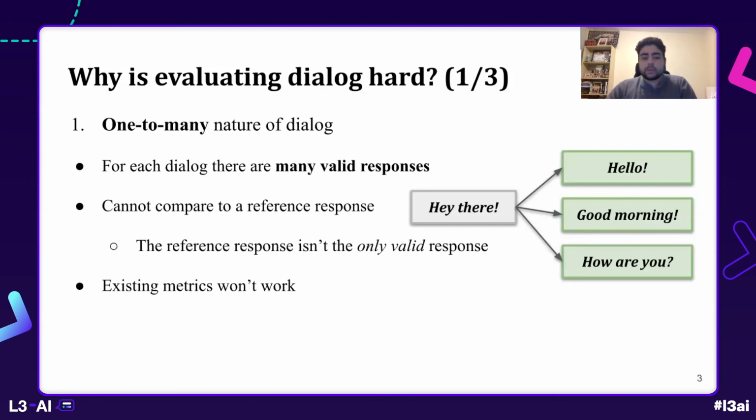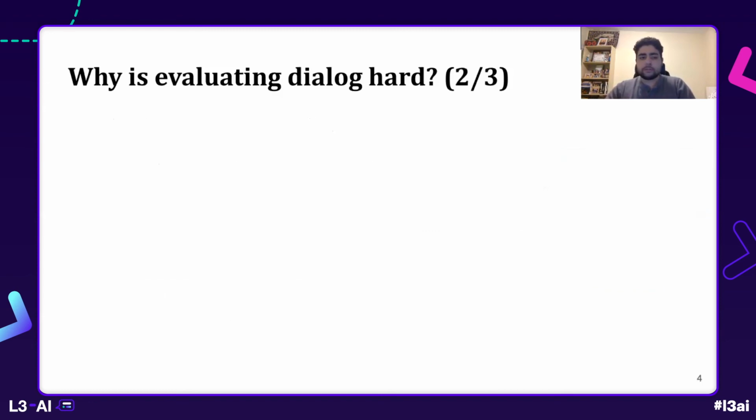Unfortunately, this means that most existing metrics for language generation won't work well. Things like BLEU and F1 score, which just compute word overlap between a generated and a reference response, don't work well when a perfectly valid response might be completely different from the reference response.